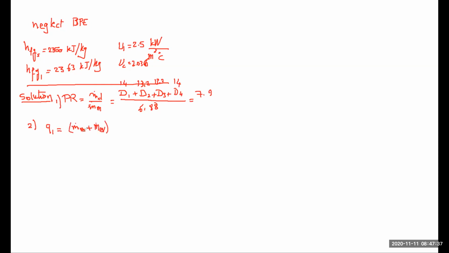This is the amount of vapor entering into effect number 1 into HFG1. When you do this calculation, you'll find the value is 34973 kilowatts. This quantity also is needed to heat the feed.